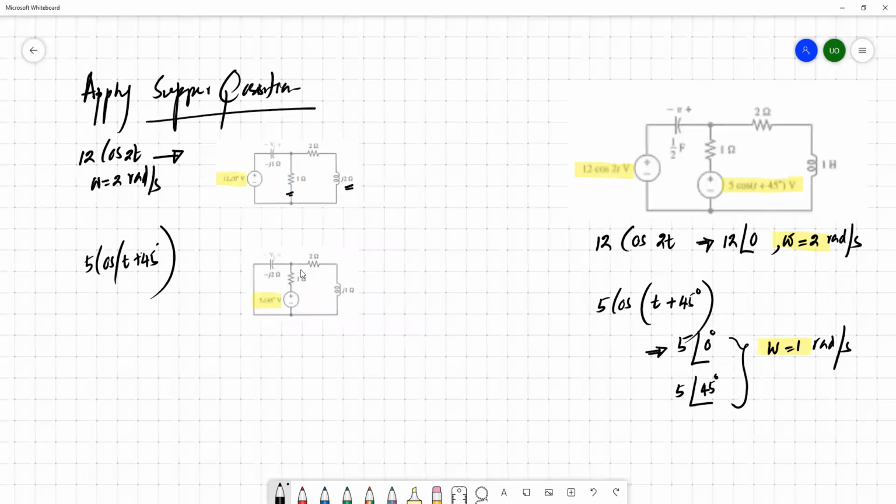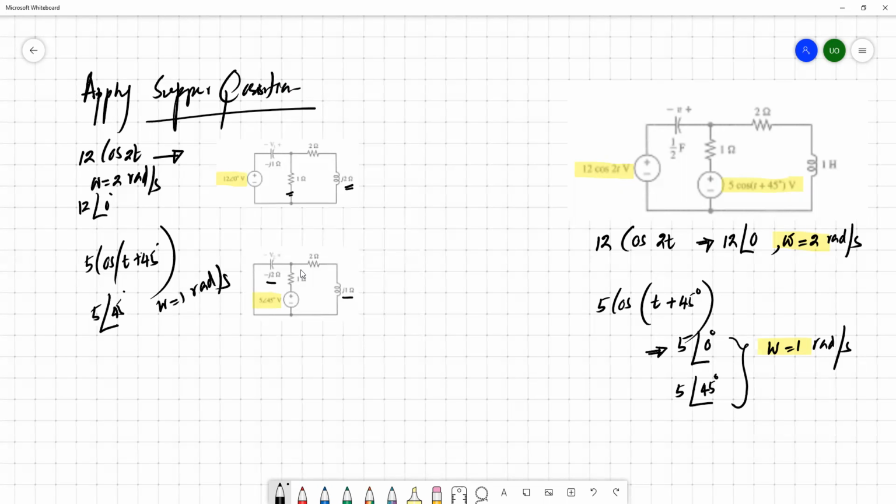We just convert the other source to 12∠0. Here it's 5∠45 and omega equals 1 radian per second. Now the inductor is j and the capacitor becomes -2j. Then you can simply take V2 and evaluate it, and then add V1 and V2 together.